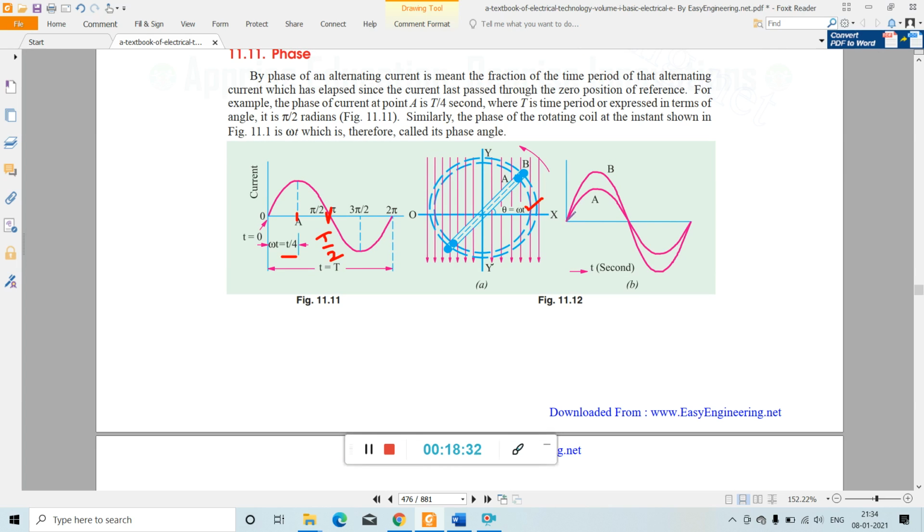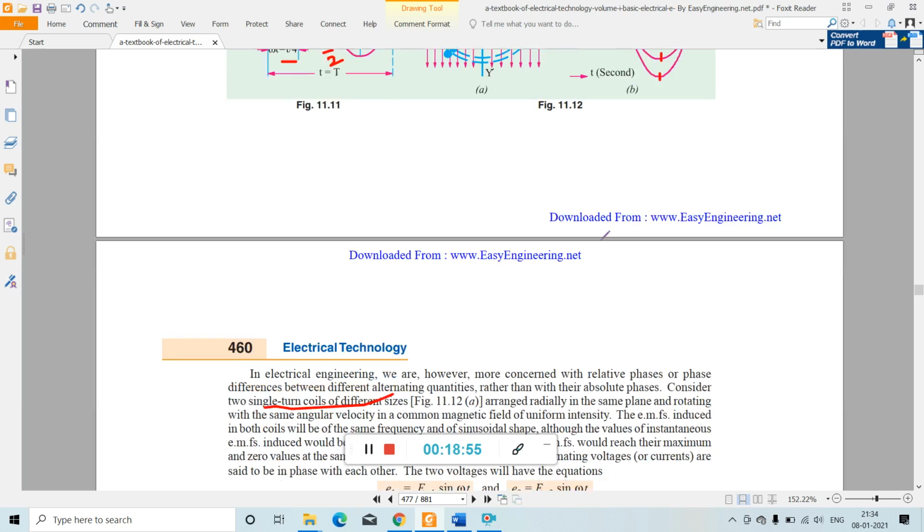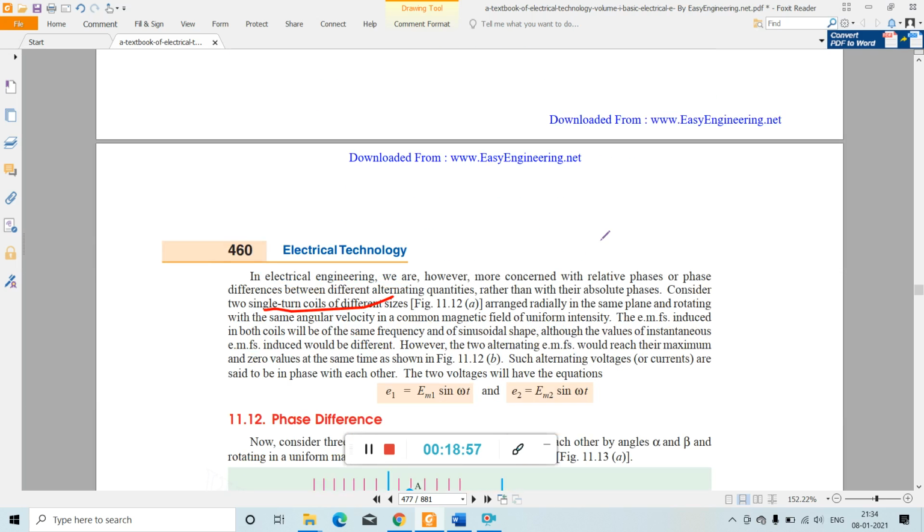How? Both of them have the 0 point at the same time, and both reach their maximum peak at the same time. Again here they both reach 0 at the same time, and here also. Their instantaneous values may be different, but the occurrence of maximum and zero values is at the same time.